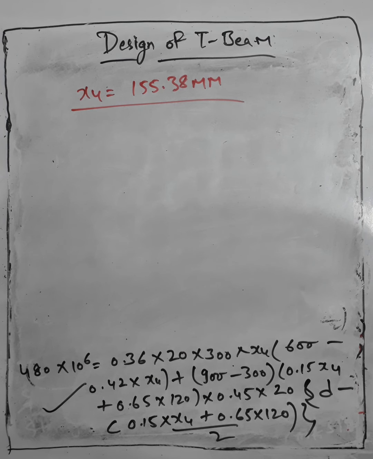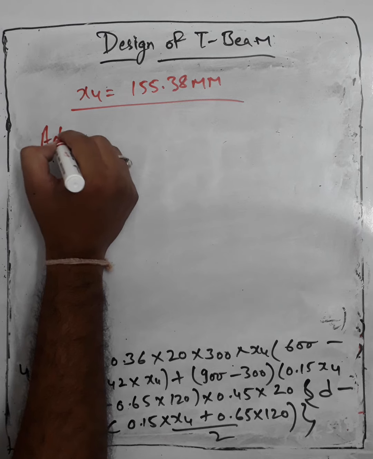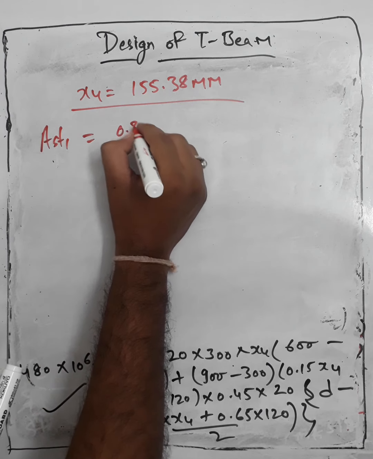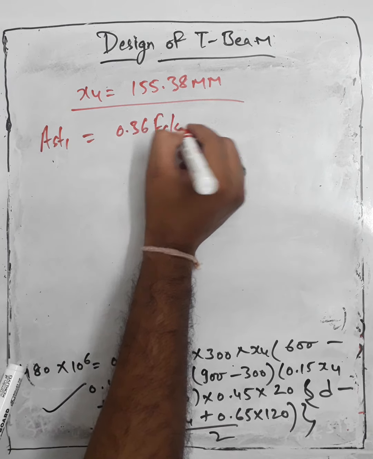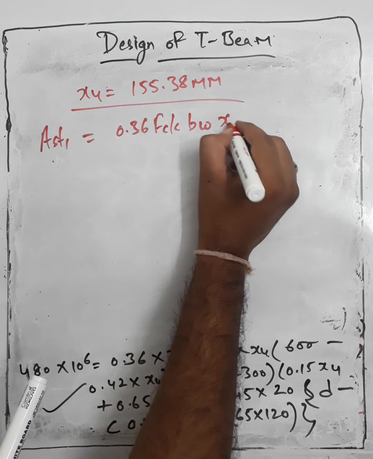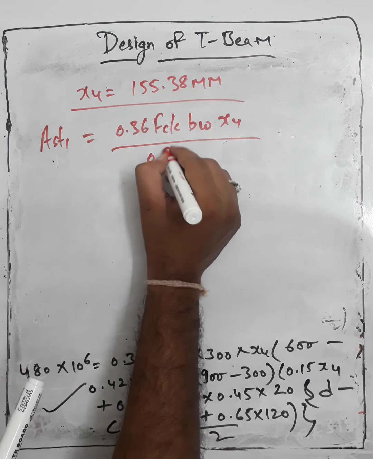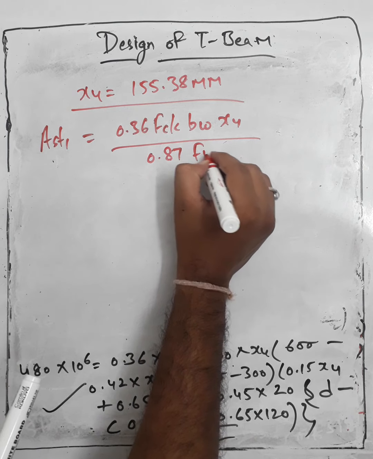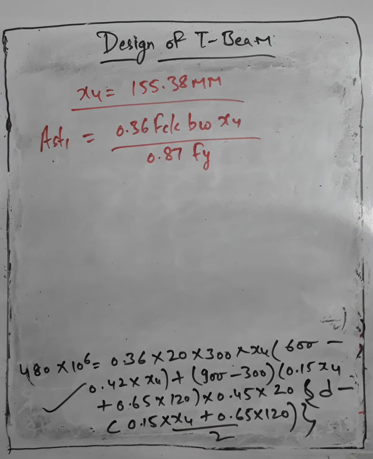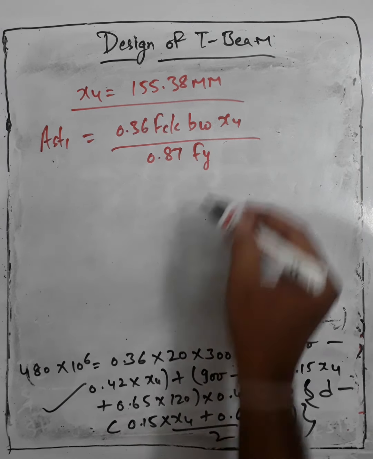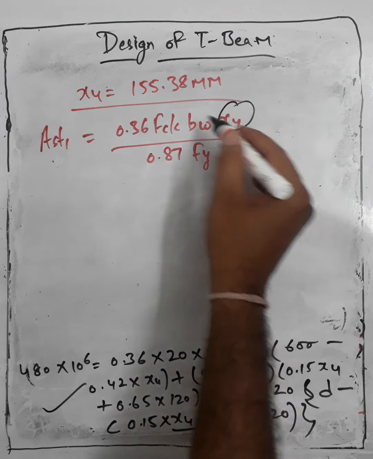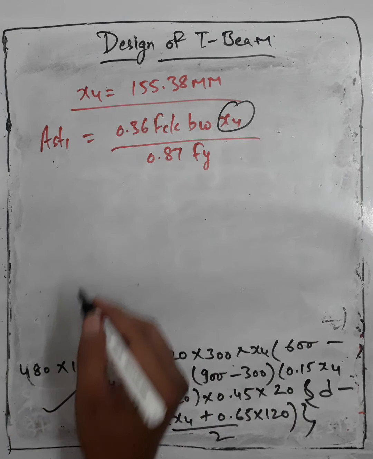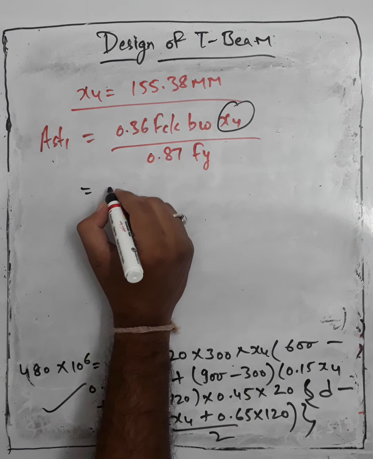Now we use this xu value for finding Ast1 and Ast2. Let's find Ast1 first. The equation is 0.36 fck bw xu divided by 0.87 fy. This is our formula, and all these steps are for finding this xu only. Here we got xu equal to 155.38. Now put these values in this equation.